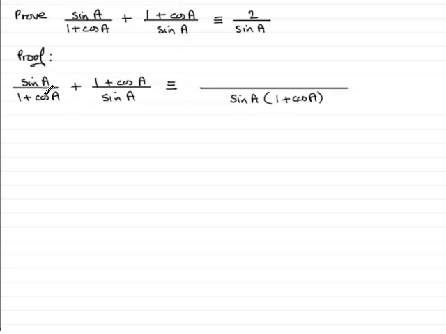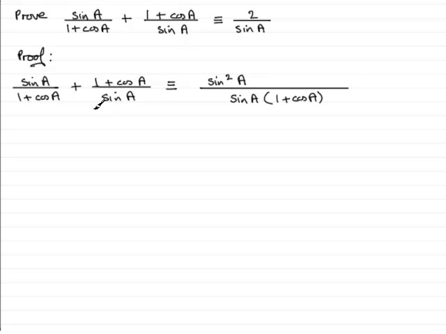Now, what do I need to multiply 1 plus cos A by to get this denominator here? It would be sine A. So I'd need to times top and bottom of this fraction by sine A to turn it into an equivalent fraction with this denominator. So that's just going to be sine A times another sine A, or sine squared A for short.